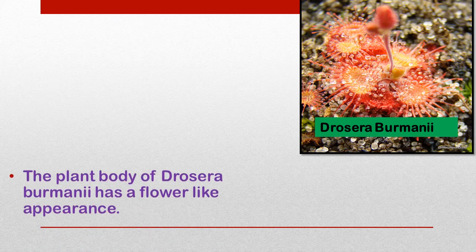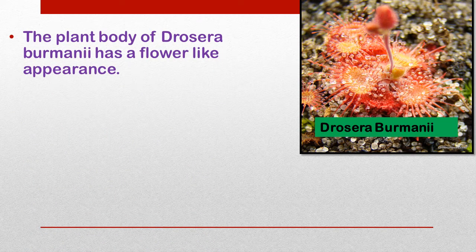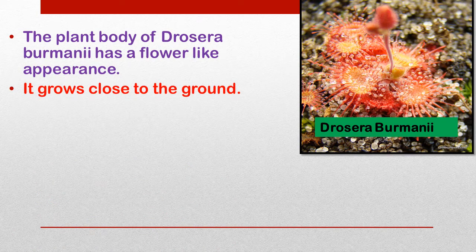Okay, so this is a Drosera burmanni plant, and this is another type of insectivorous plant. The plant body of Drosera burmanni has a flower-like appearance, and it grows close to the ground. Its leaves are attractively pink or red in color, with hairs at the margin.